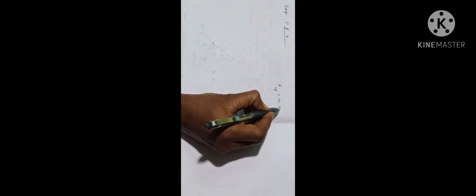And another one is centripetal acceleration. Here, for centripetal acceleration, again we use Newton's second law of motion: centripetal force is equal to mass into centripetal acceleration. From this formula we find Acp is equal to Fcp divided by m. So find Fcp, that is centripetal force.